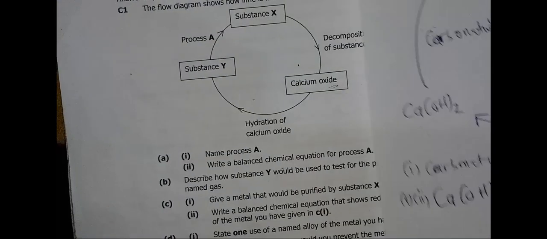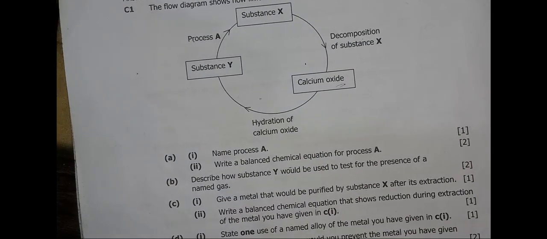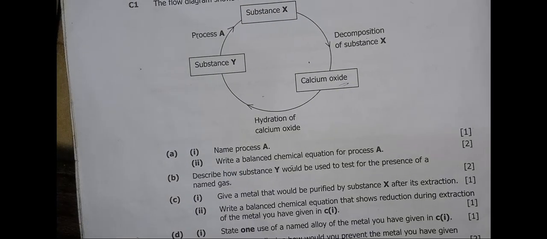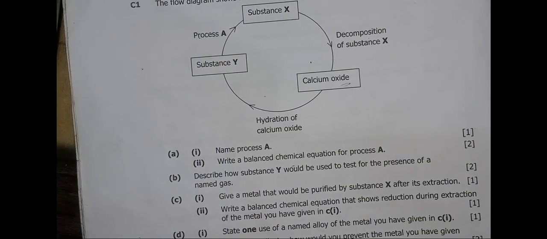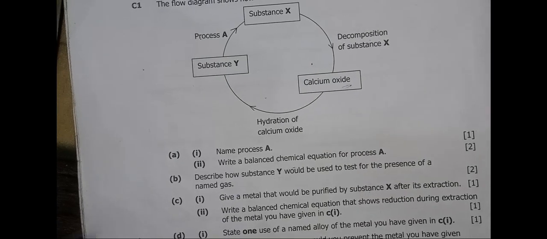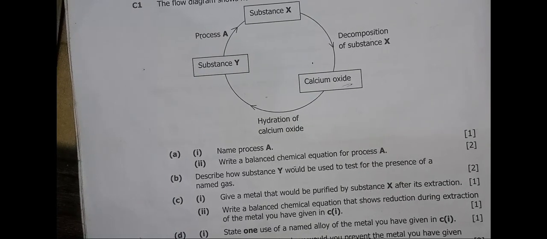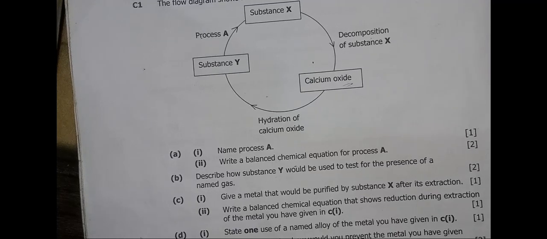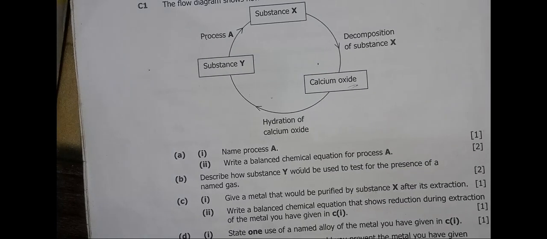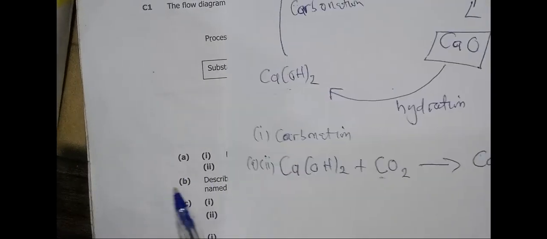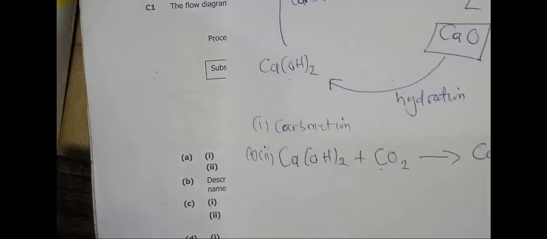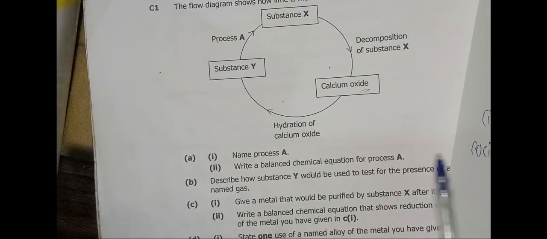Okay, we move on. B, describe how substance Y would be used to test for the presence of a named gas. The named gas here is carbon dioxide. So how can we use calcium hydroxide to test for the presence of carbon dioxide?